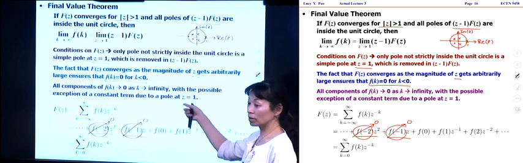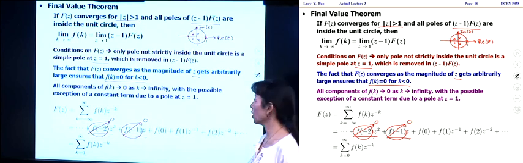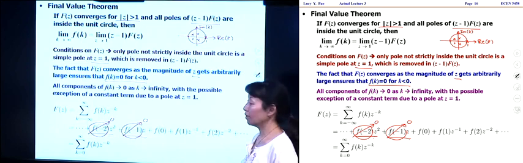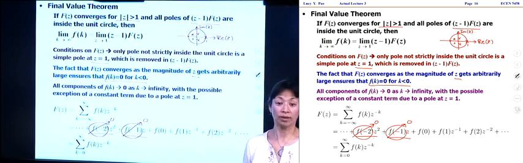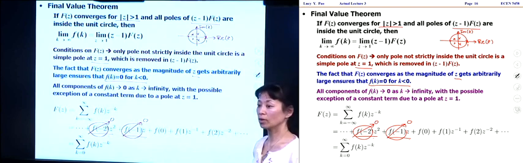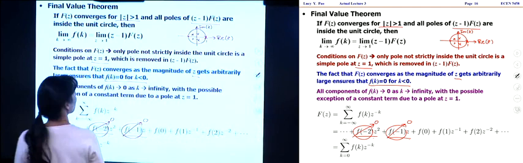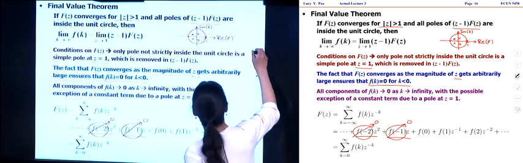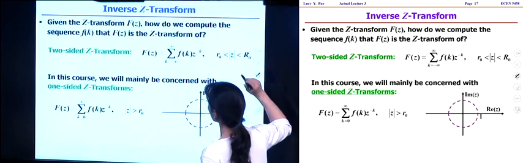That corresponds with a pole at z equal to 1. And that ultimately then will be the final value of f of k. That's the only term that will persist. Okay? Any questions? All right, so we'll apply these fairly regularly.